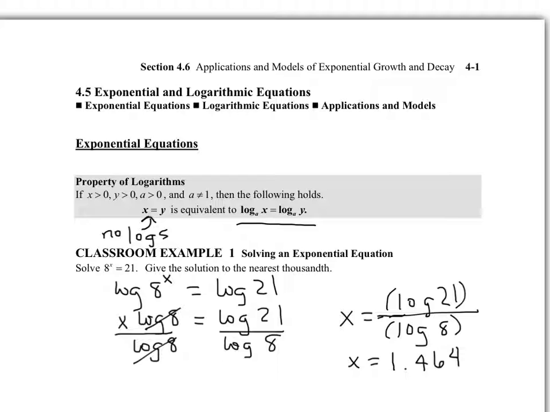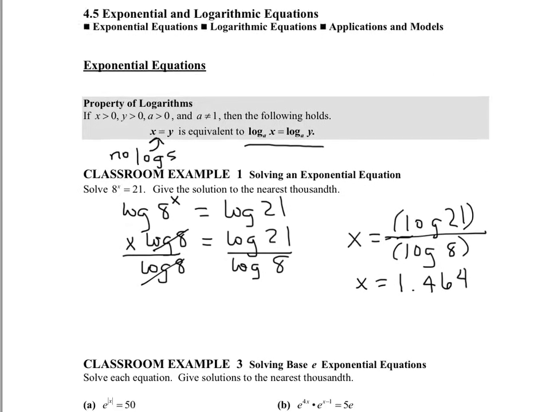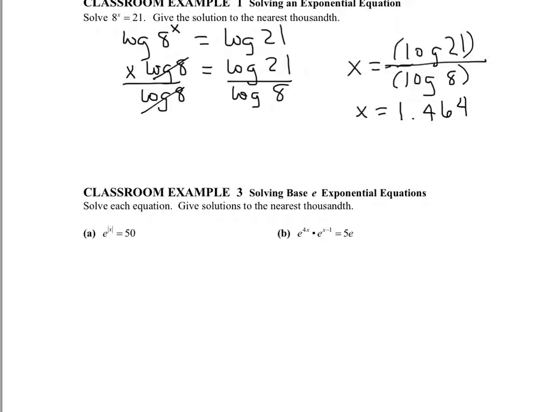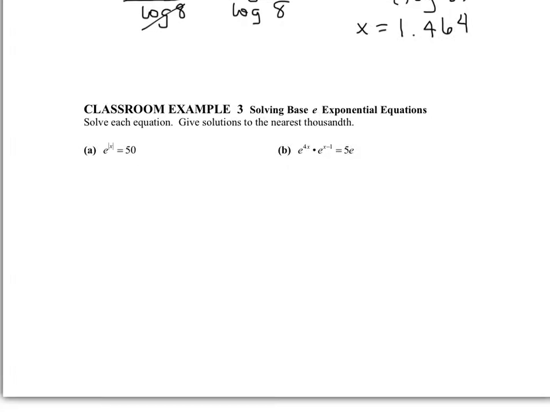So obviously, it has to be a number between 1 and 2, and 1.464 is a logical, reasonable answer. I could actually type in 8 raised to the 1.464 power. Remember, that was rounded, so it will not give us exactly 21, but it should give us something very close to 21.